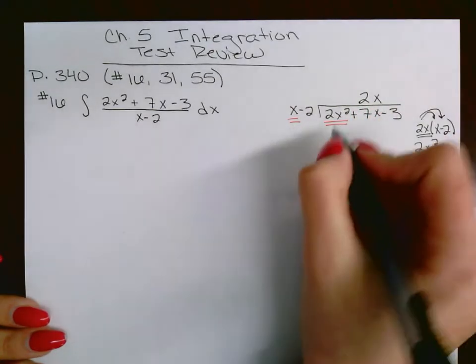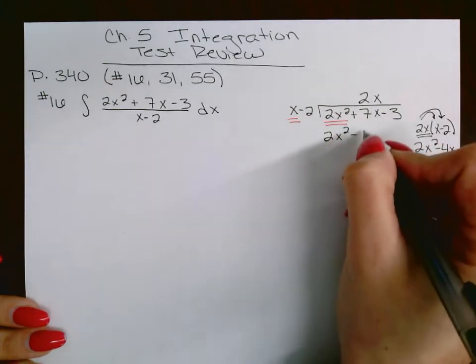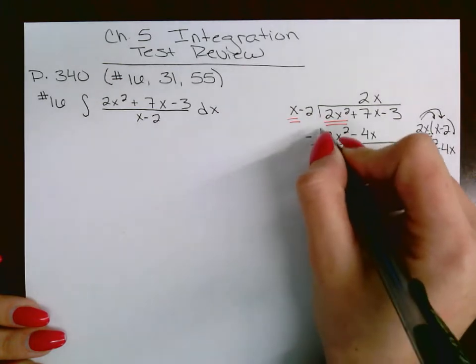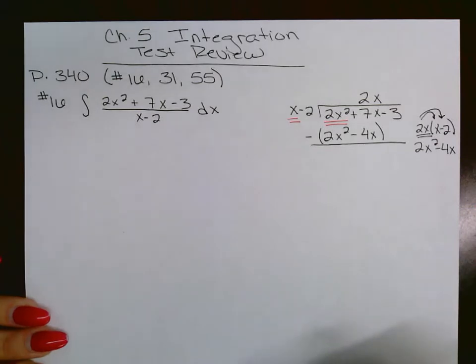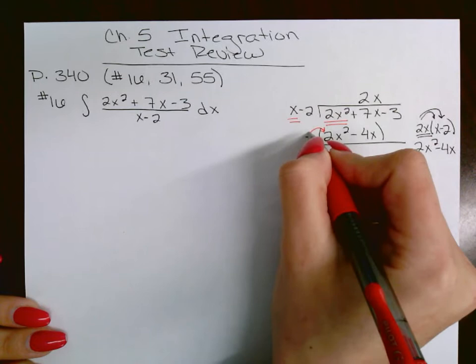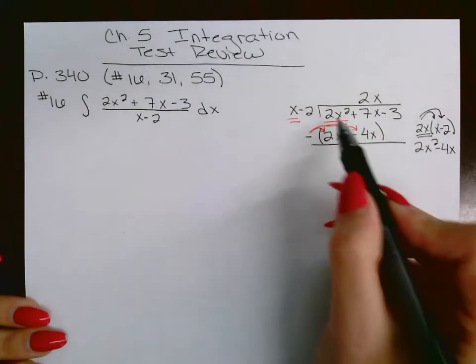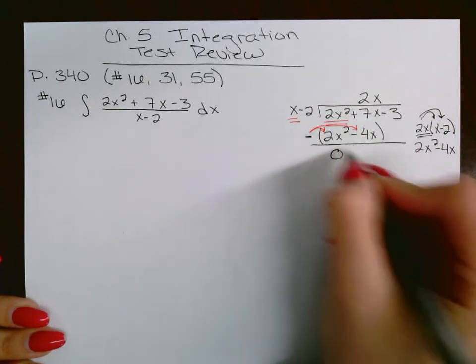And then I'm going to subtract 2x squared minus 4x. Okay? A big reminder, where most people mess up on these questions, is that subtraction goes to both of them. So I have 2x squared minus 2x squared, which cancels out and gives me 0.